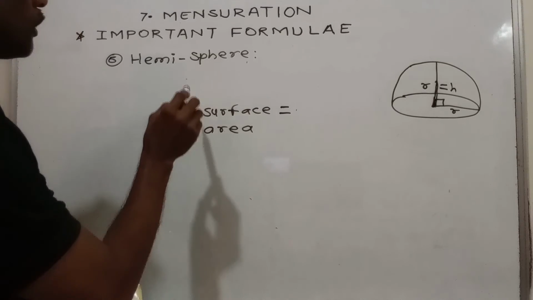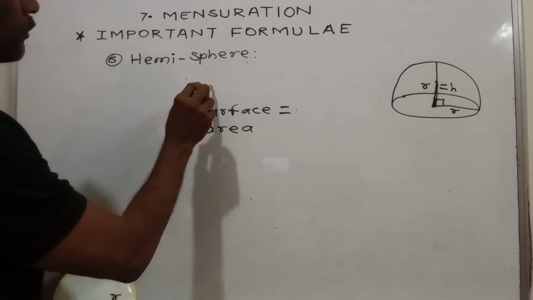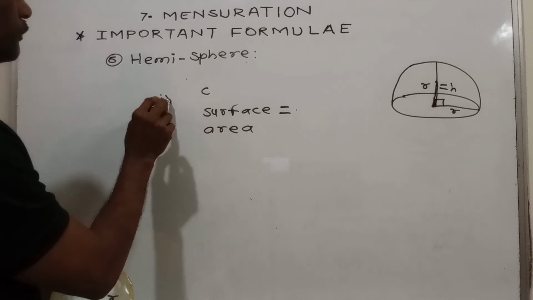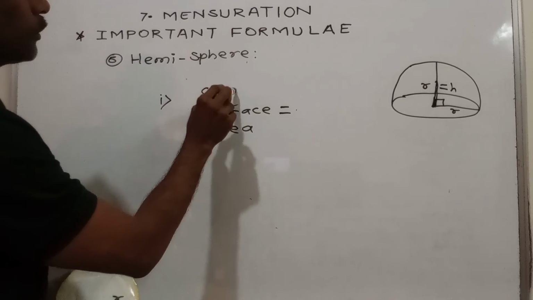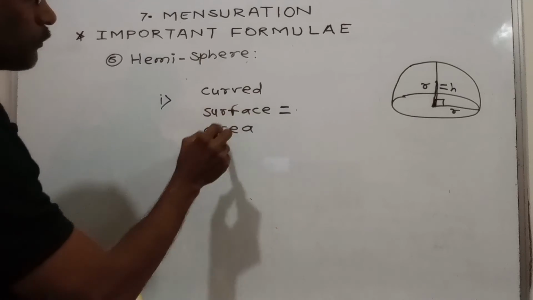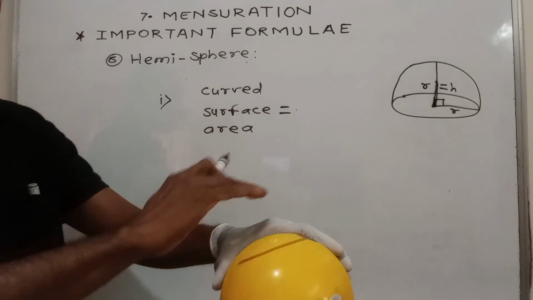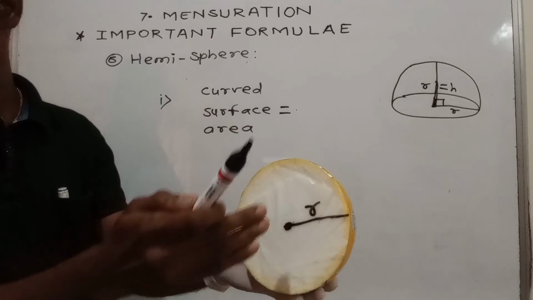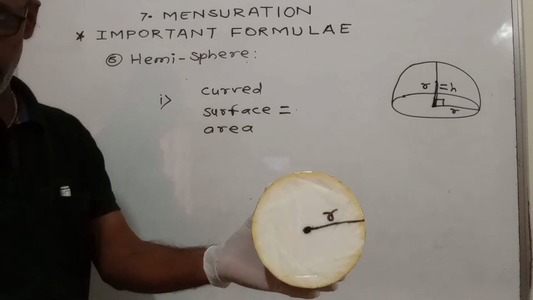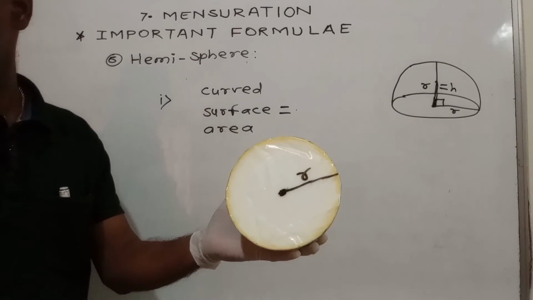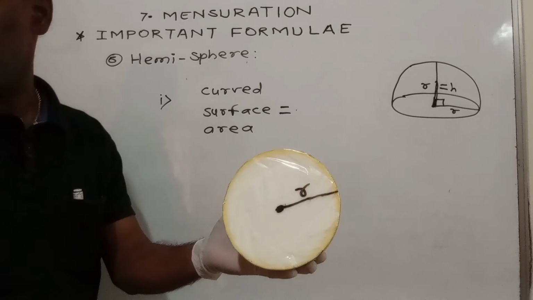Okay. Now see here. First formula, curved surface area. Curved surface area means this, not this. This is not curved, this is flat. This is plane.